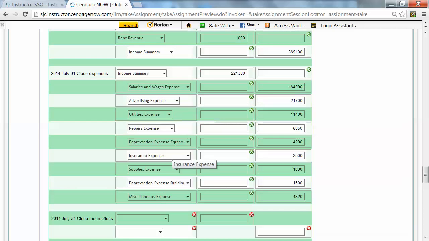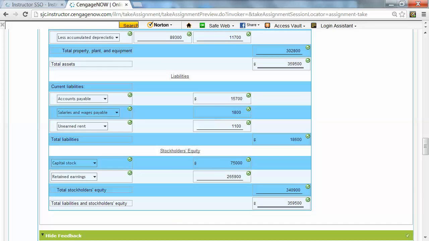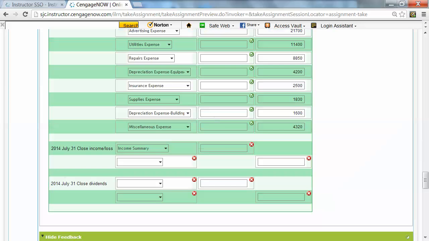Now I'm going to do the third step in the closing entries, and that's to take the net income and close it to my retained earnings. So I'm going to debit my income summary for the amount of the net income, and remember the net income, we can pull that from a couple places, was $147,800.